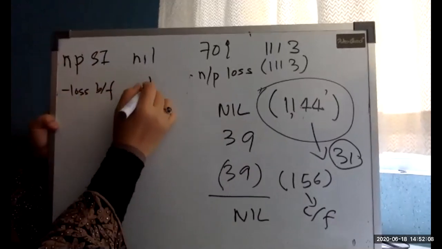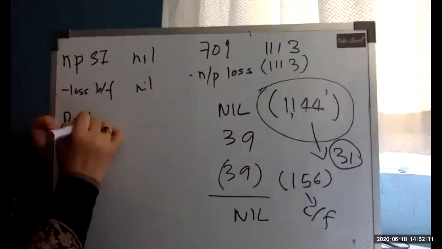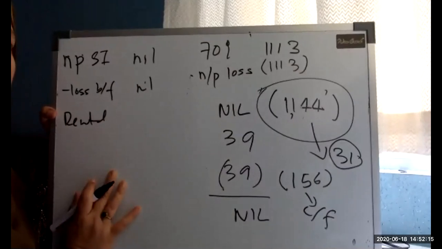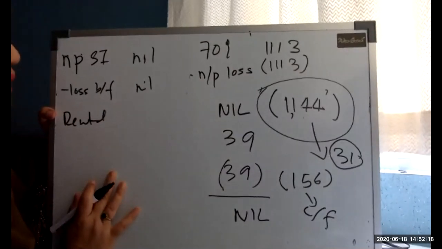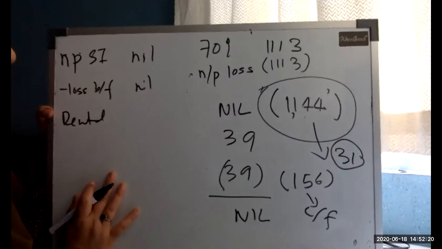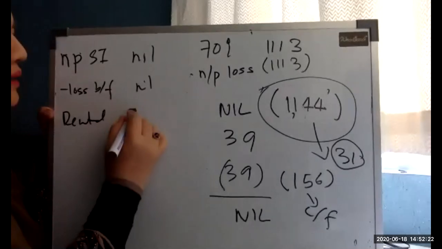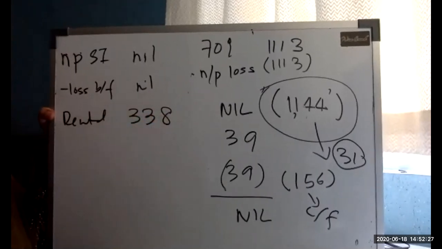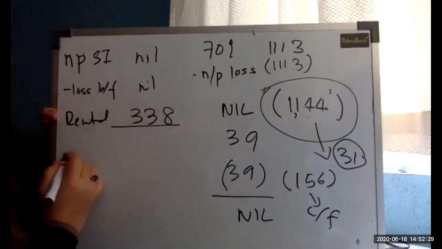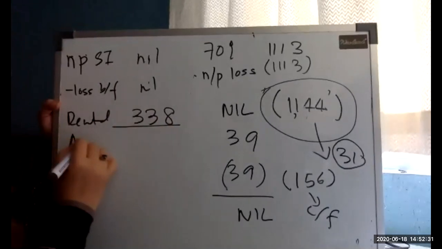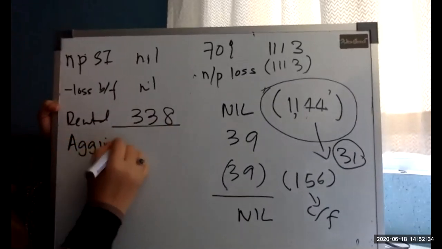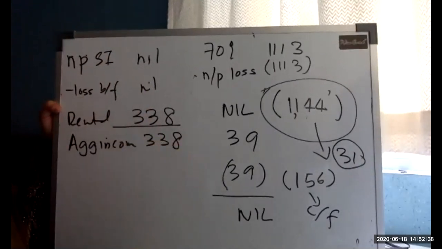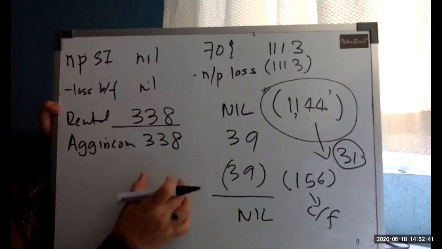But you have rental income. How much is your rental income? 338, is it? Okay. And then this one is your aggregate income. So nil plus 338, you have 338 as your aggregate income.